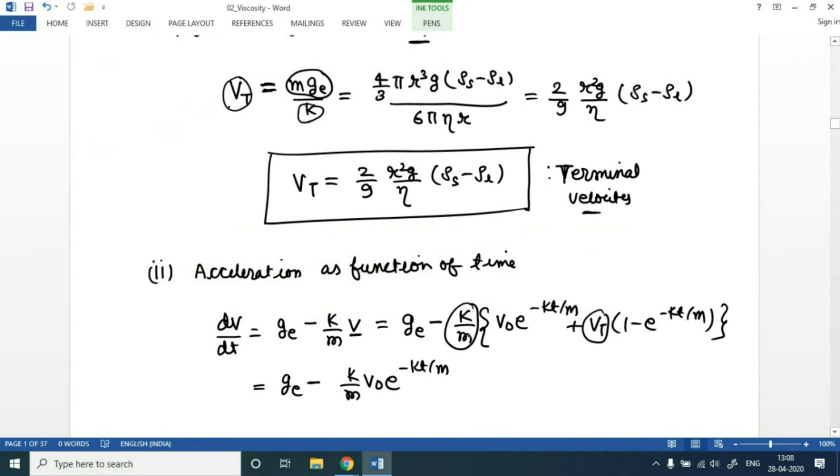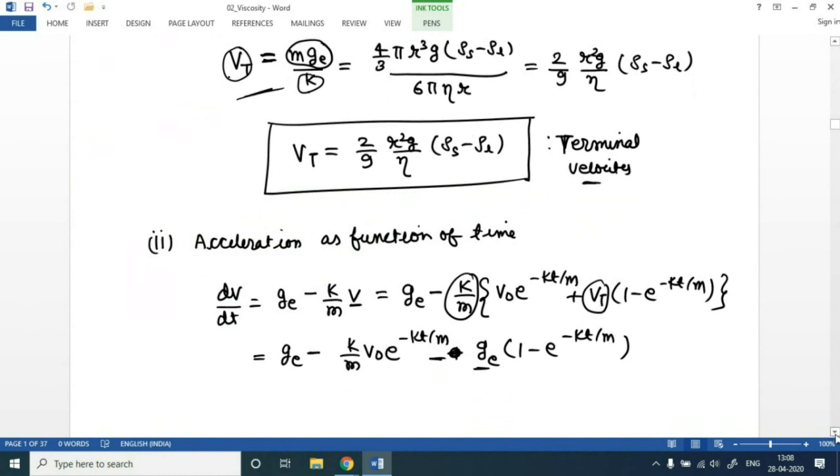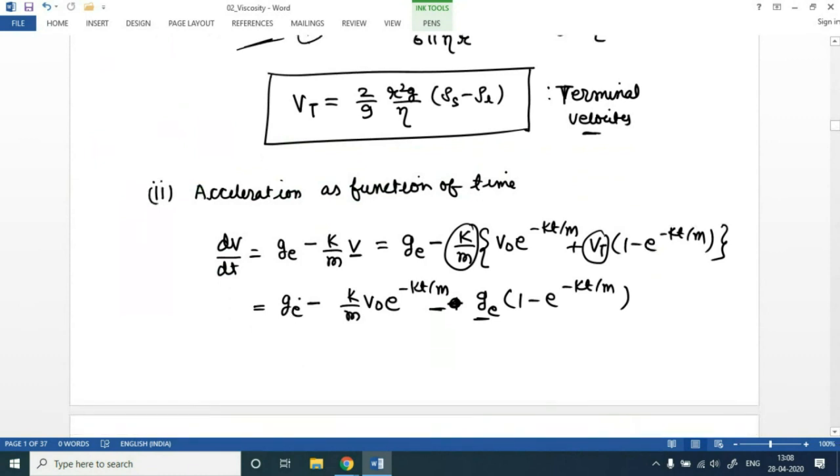So when we divide by m, the term we get is simply g effective into 1 minus e to the power minus kt by m. Basically, k by m into vt we have substituted as g effective using this relationship over here. So now you must realize that this term and this term here will be cancelling.